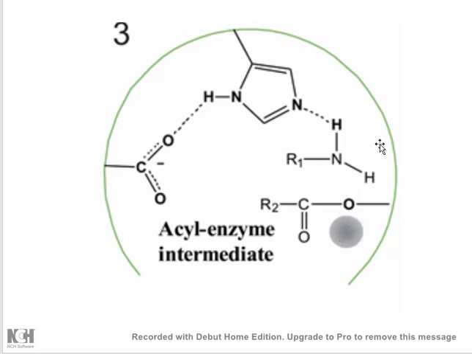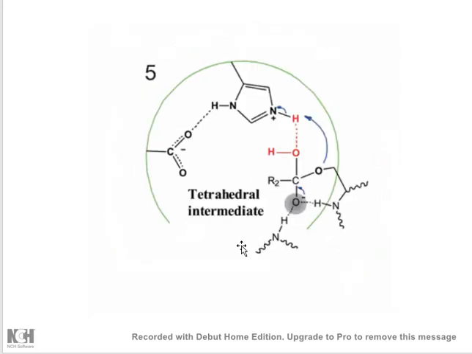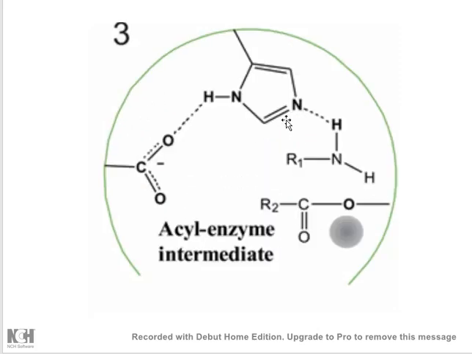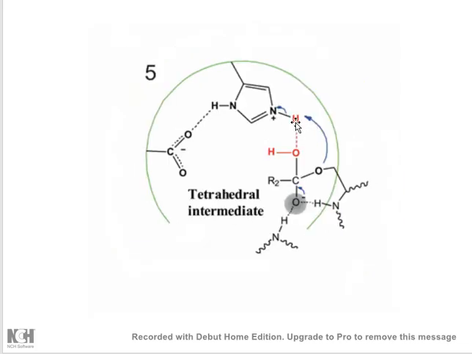This is followed by the release of the N-terminus product and entrance of a water molecule in the active site. So this N-terminal product is now replaced with a water molecule, and what we have here is the next step of catalysis.